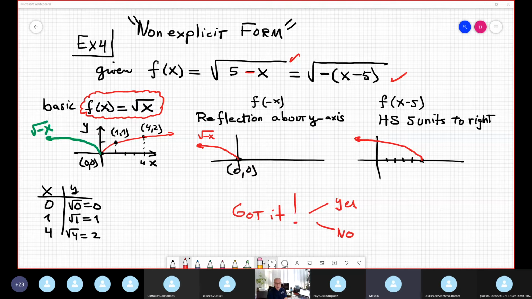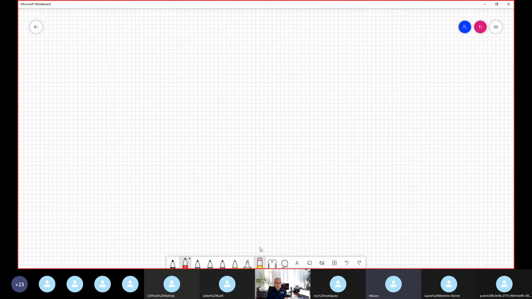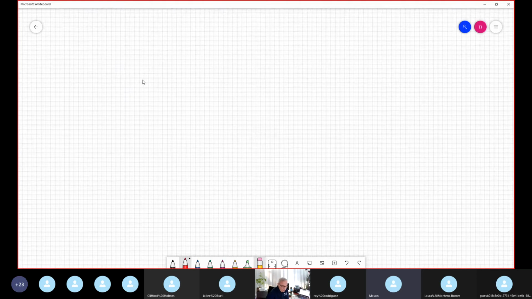Example 5. You have that function, f of x.